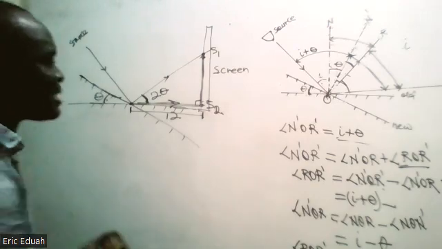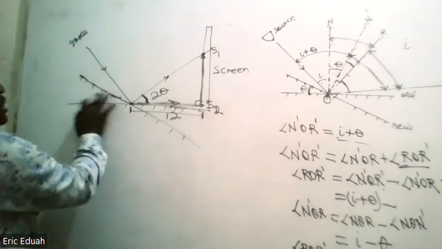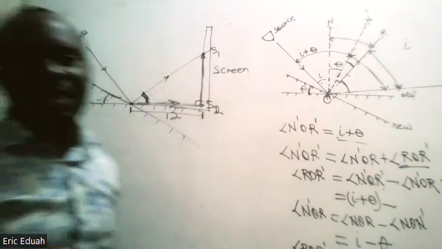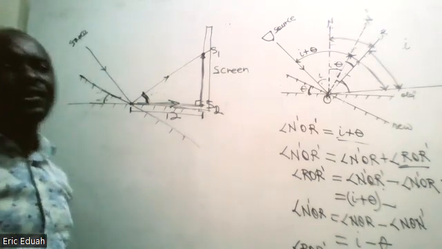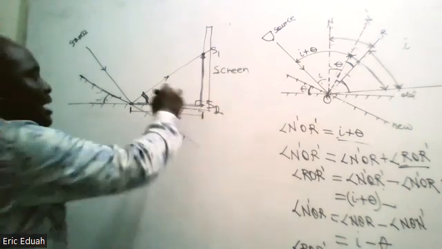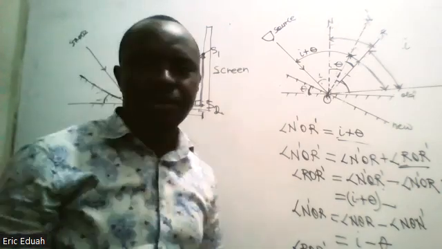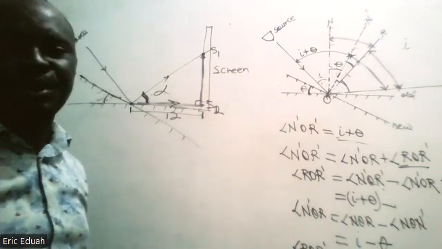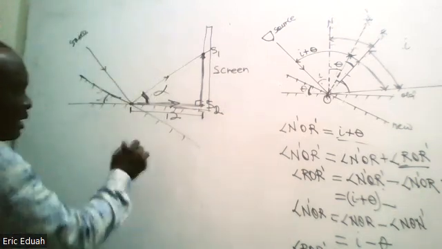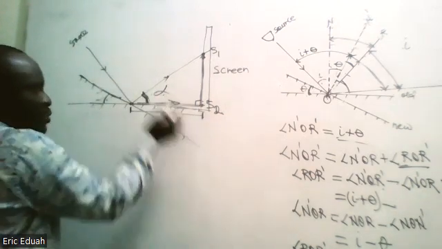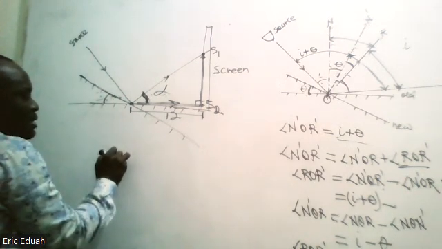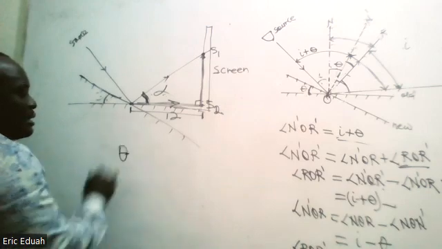And sometimes the angle of rotation will not be given. It will be given that the angle between the reflected rays is so and so, alpha. Calculate the angle through which the mirror is rotated. When you know the angle between the rays is always twice that, let's assume the angle of rotation is theta.